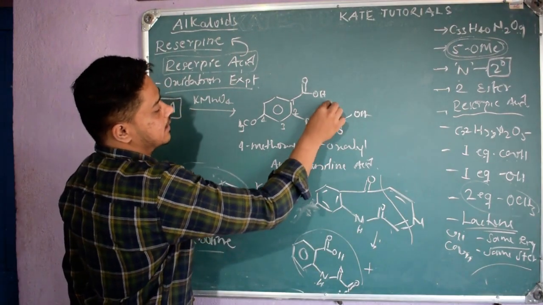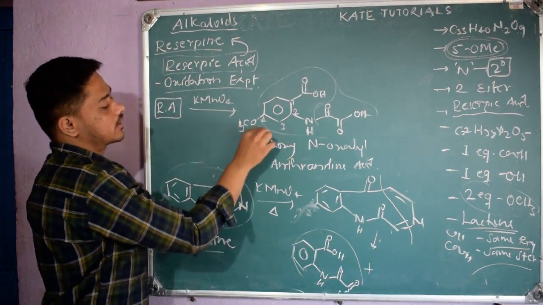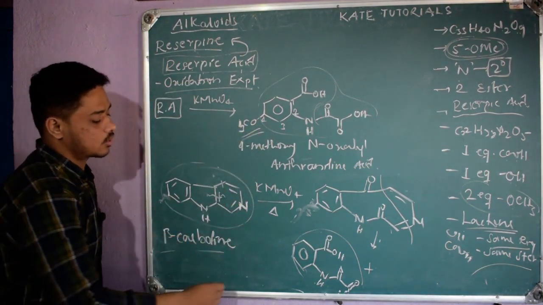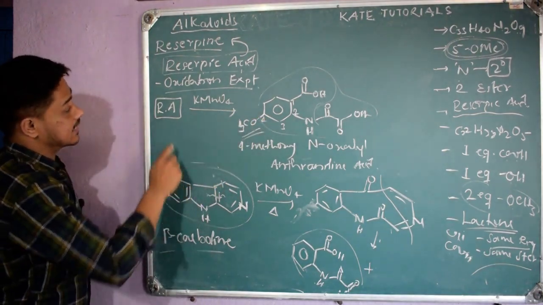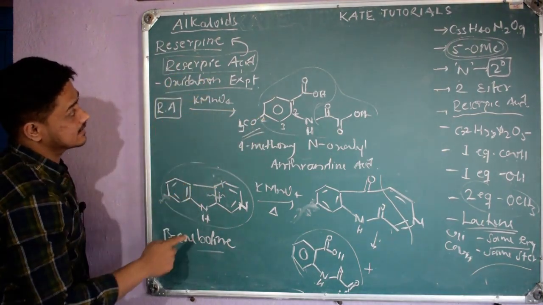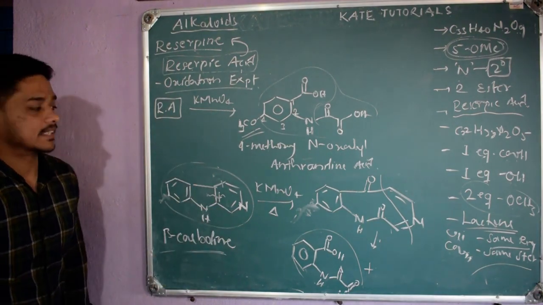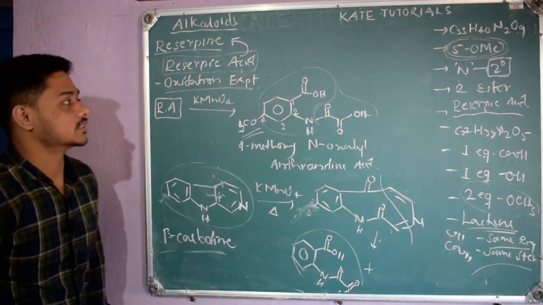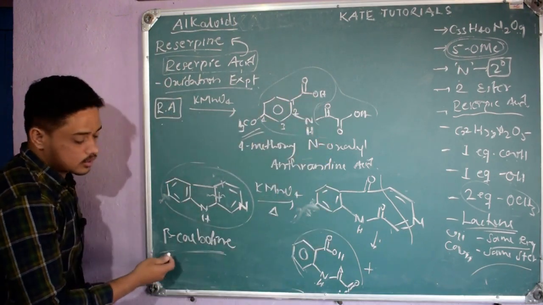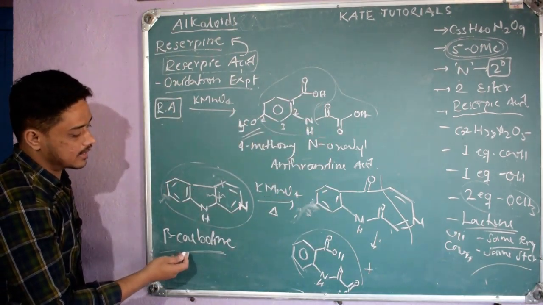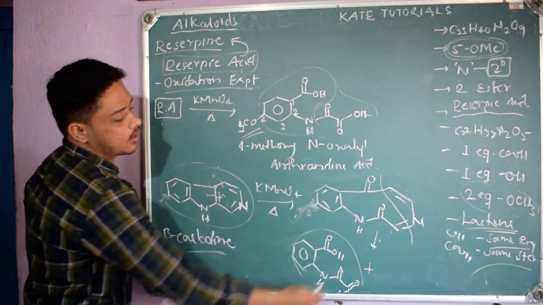See, NH2, this acid group and NH2, the only thing is this OCH3 is not there. They told that this OCH3 is there at this position, the 4 position. So this reserpic acid has got this beta carboline structure by these experiments. So when this reserpic acid was used, they got this product, and they took this beta carboline compound and did the same experiment under heating conditions, and they got this product.